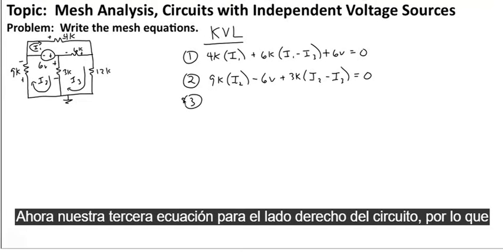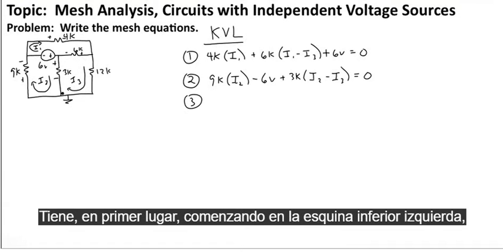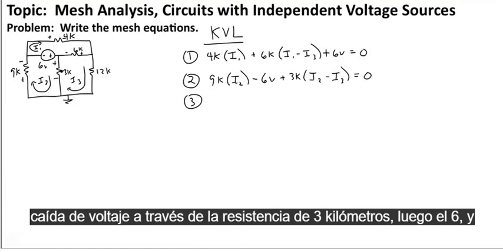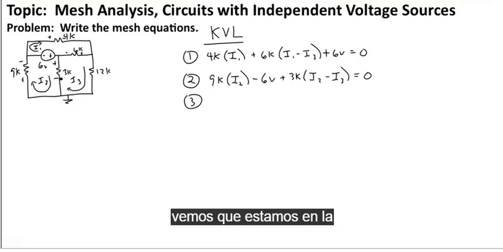Now our third equation for the right-hand side of the circuit. The right-hand lower loop has 3 voltage drops. Starting in the lower left-hand corner, we have the voltage drop across the 3 kilo ohm resistor, then the 6, and then the 12 on the right-hand side of the circuit. Starting with the 3K voltage drop, we see that we're in the negative polarity of that voltage drop.